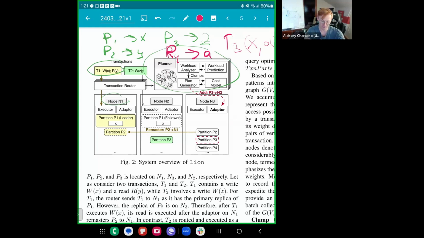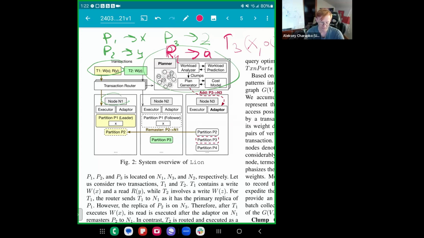Right, and a good chunk of the paper talks about how to migrate the data, with regards to how to figure out the placement plan, right? So where to put these partitions and where to put the leaders, right? Because it's in their mind cheaper to move the leader than to migrate the data. So they want to pre-migrate the data based on the historical pattern, but they're okay moving the leader on the fly if there is a need.